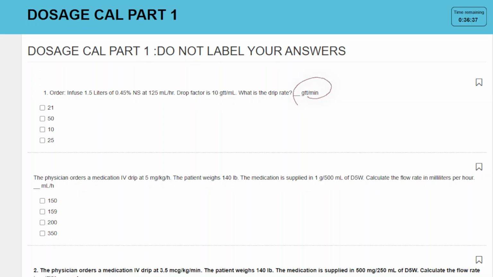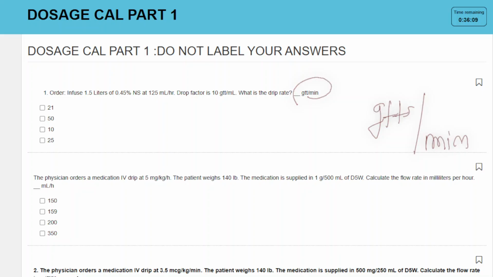We are looking for drops per minute. This is what we are looking for. Since my end product is drops per minute, drop has to be on the top, and minute has to be on the bottom.